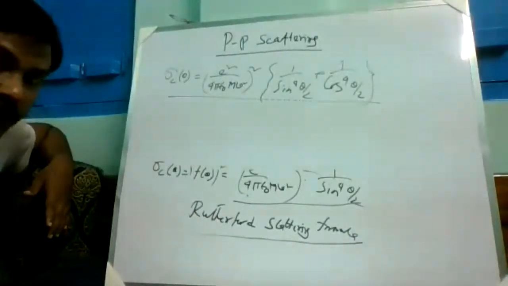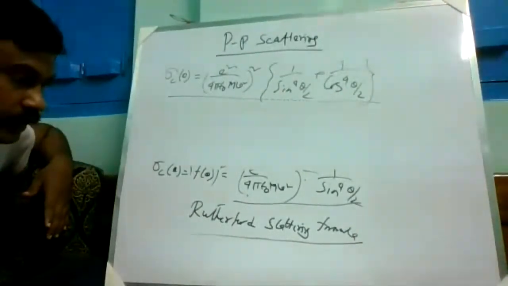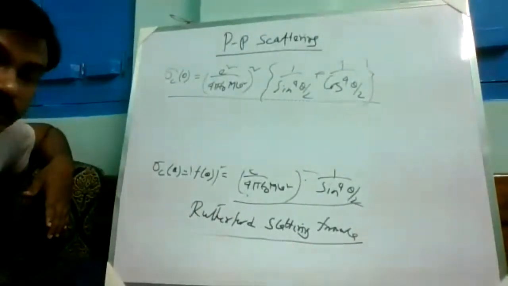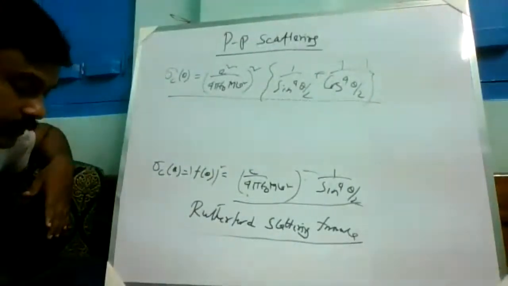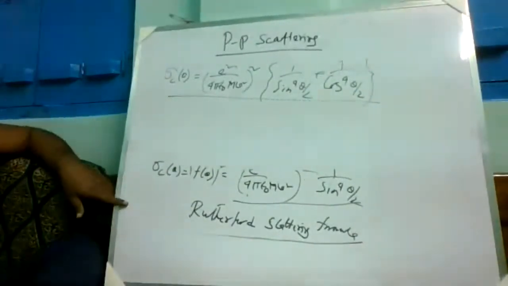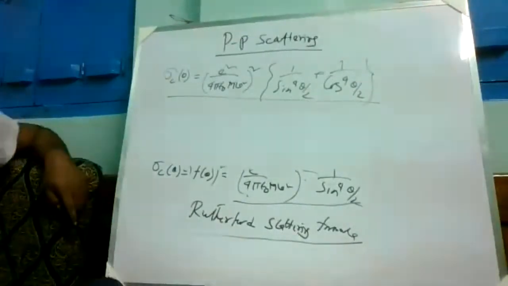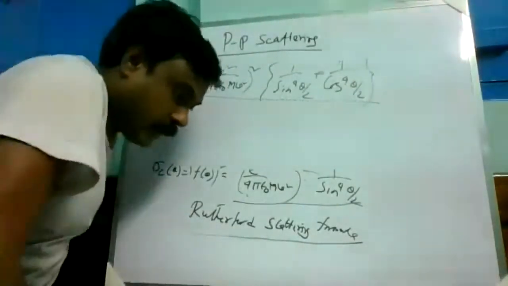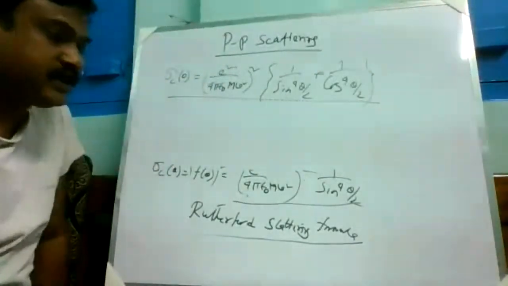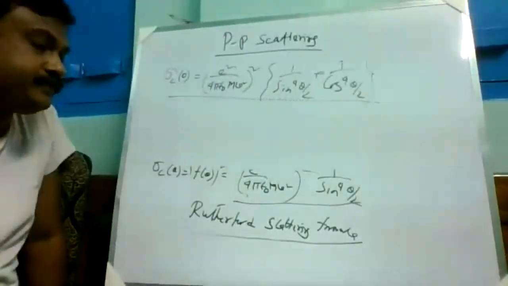Since these are fermions, interchange of the particles will change the sign of the wave function. Therefore we have to consider symmetrization of the wave function.